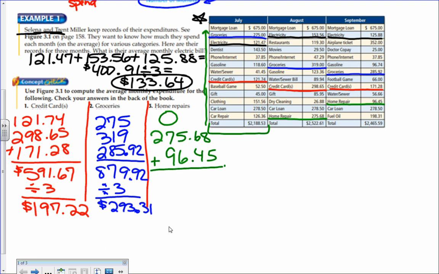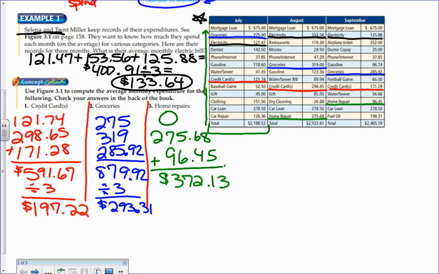So we're going to add those 3 things together, the 0, the $275.68, the $96.45. I get $372.13.